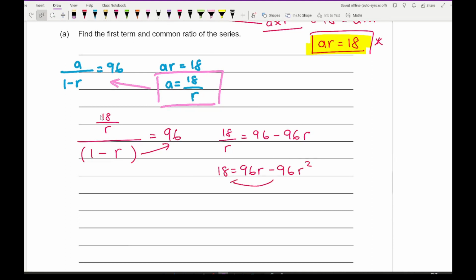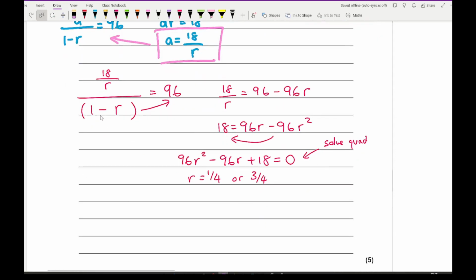Then if I take all of this over to the left hand side, we get 96r squared minus 96r plus 18 equals 0. And lo and behold, that now starts to look like a quadratic. So what we now need to do is solve the quadratic, which can be easily done using your calculator, in which I get an r value of 1/4 or 3/4.